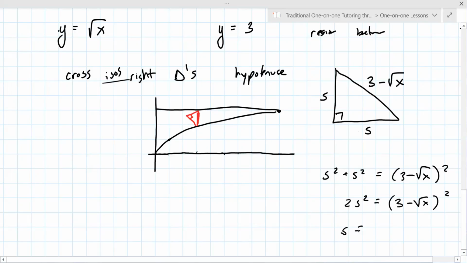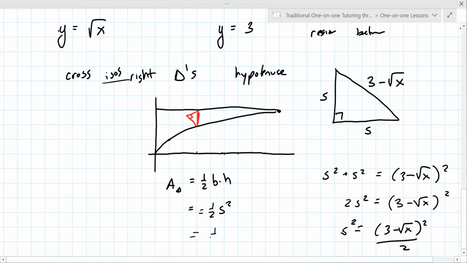So your side length is whatever it is, but you actually just want s squared, because the area of the triangle is 1/2 base times height, and your bases are the same, so it's really 1/2 s squared. So your s squared is 3 minus square root of x squared over 2.